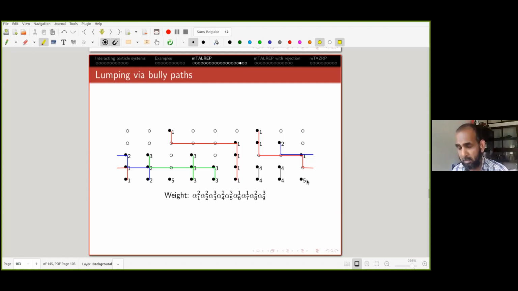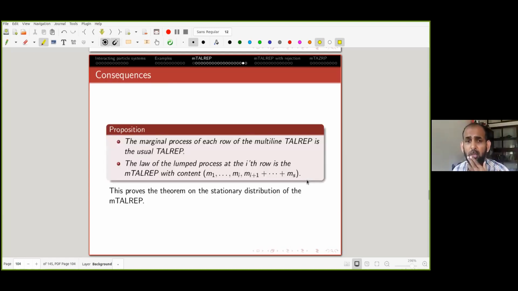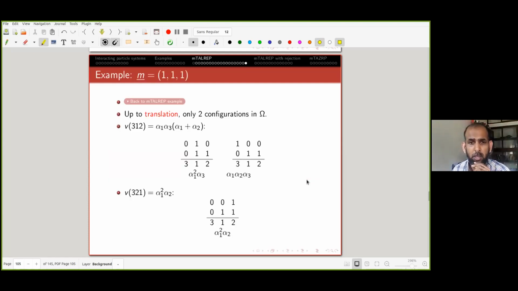One needs a proof, but it is true that this is a valid projection, in the sense that you get the multi-species process when you restrict the multi-line process this way. If I go back to the 1-1-1 example, I cannot click here.